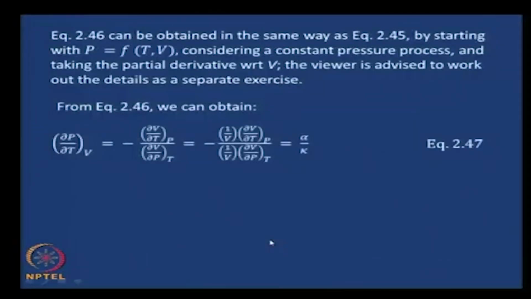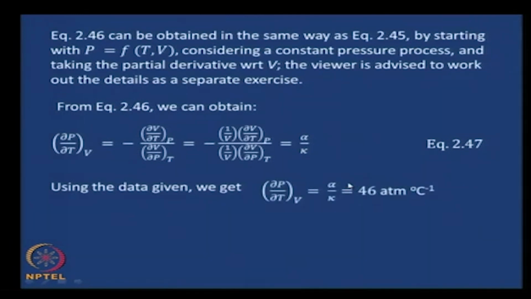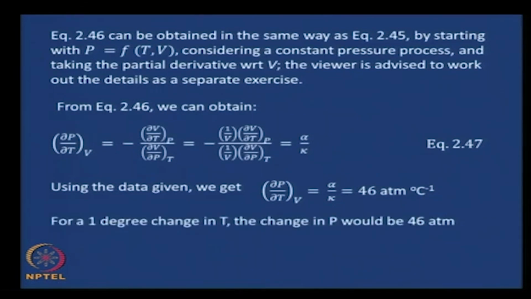Okay. You would have had time to work things out. Alpha and kappa are already given in the problem statement, the data is already given. If we substitute here, alpha by kappa will turn out to be 46 atmospheres per degree C. Therefore, what is this (∂P/∂T) at constant V?